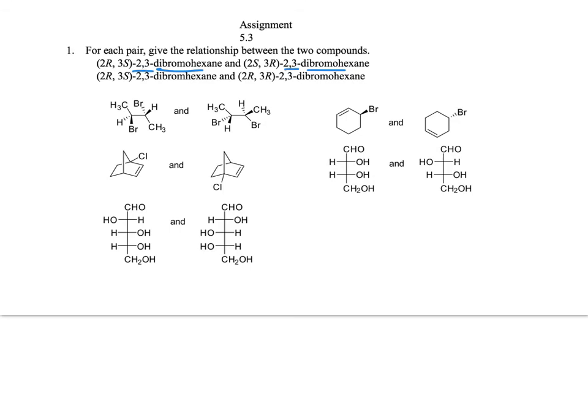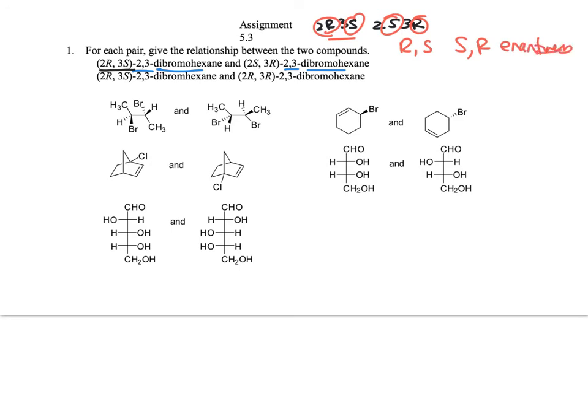The only thing that's different is this 2R, 3S, and 2S, 3R. Let me just go ahead and tell you, the R and the S are opposite, the S and the R are opposite. So RS and SR. This means they are enantiomers.